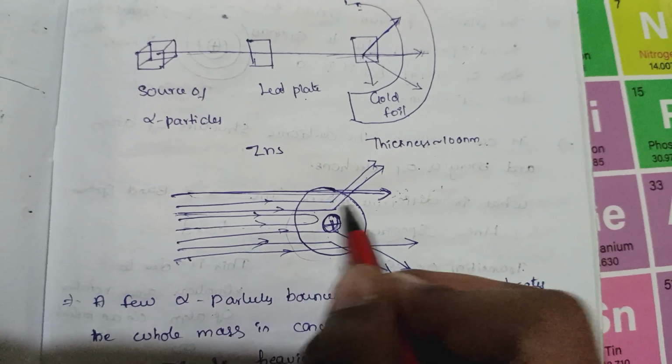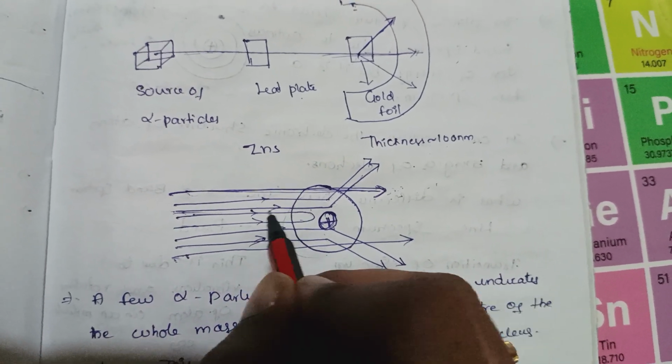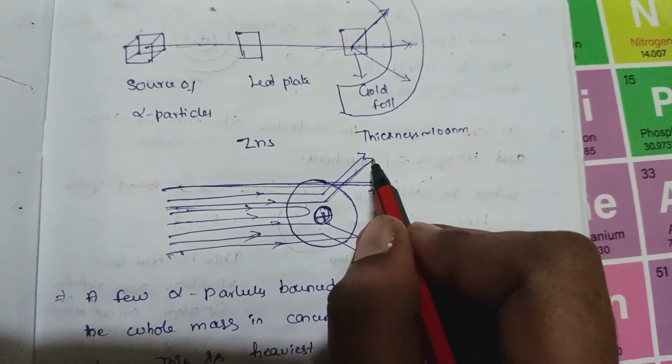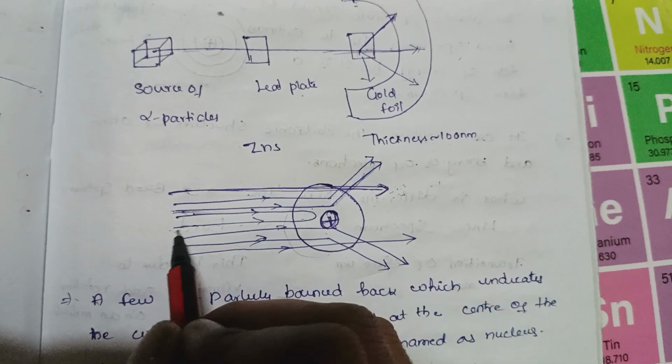Some rays, whenever they come near the nucleus, are deflected, and some alpha particles bounce back.